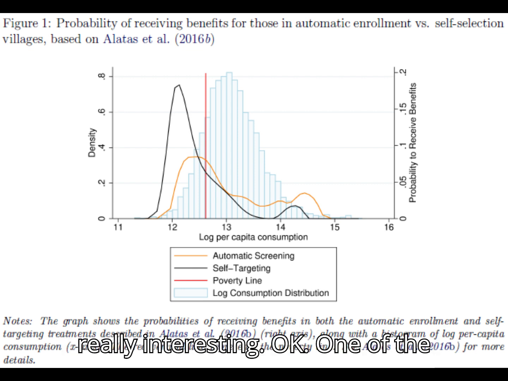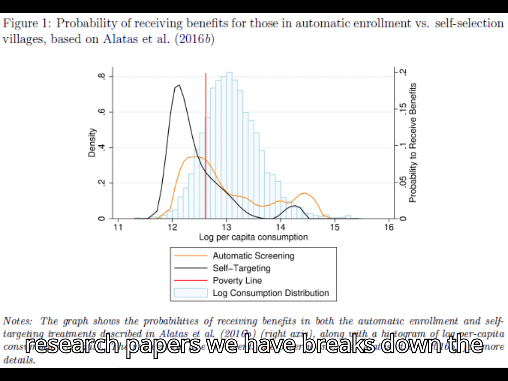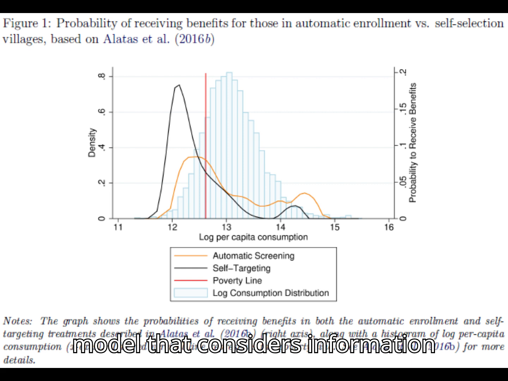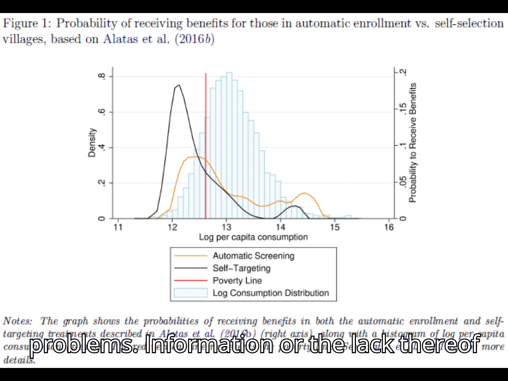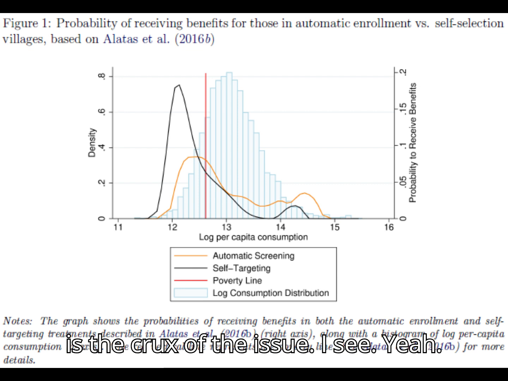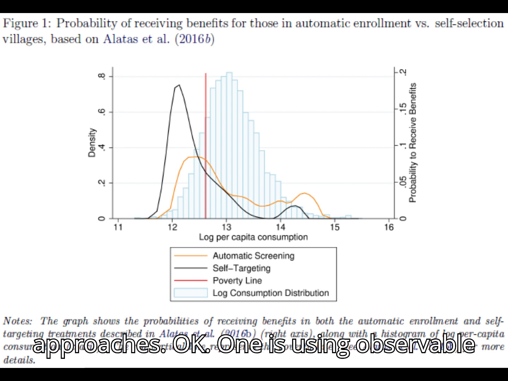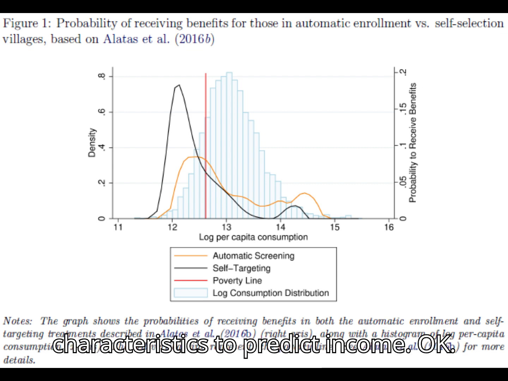One of the research papers we have breaks down the choices governments face using a model that considers information problems. Information, or the lack thereof, is the crux of the issue. The paper highlights three common targeting approaches. One is using observable characteristics to predict income.